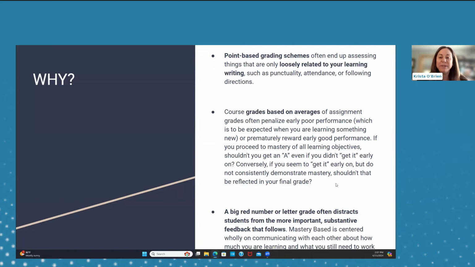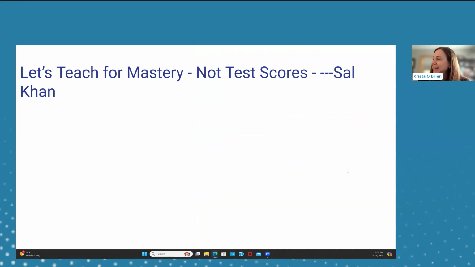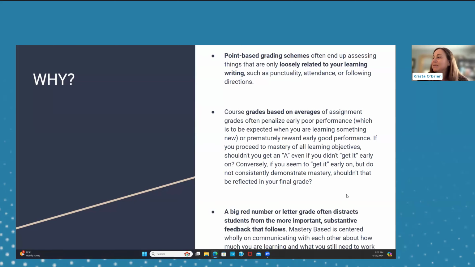Right. And then we see big bright numbers, especially if you're still grading with pen and paper, the students see those red marks because of the red pen. And that also distracts the student, right? Because they're looking for that grade.